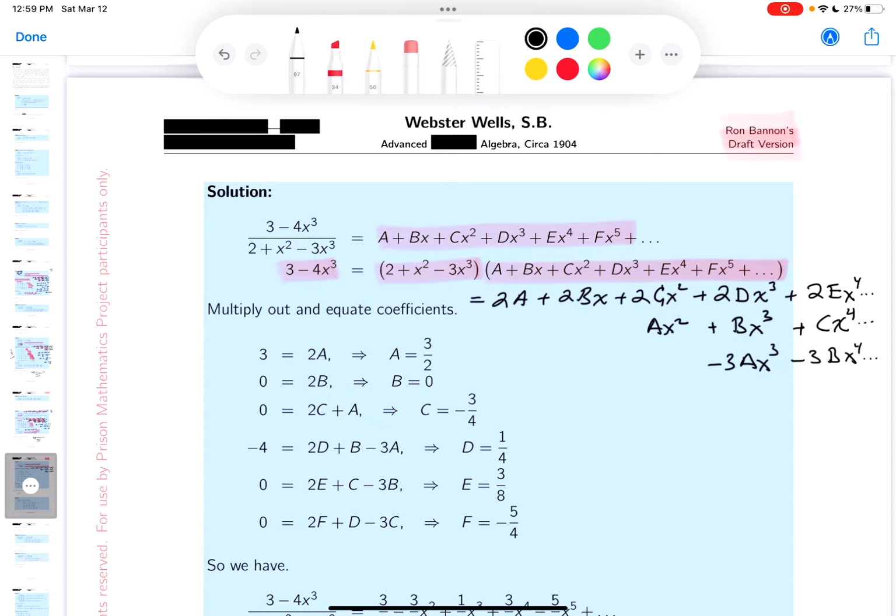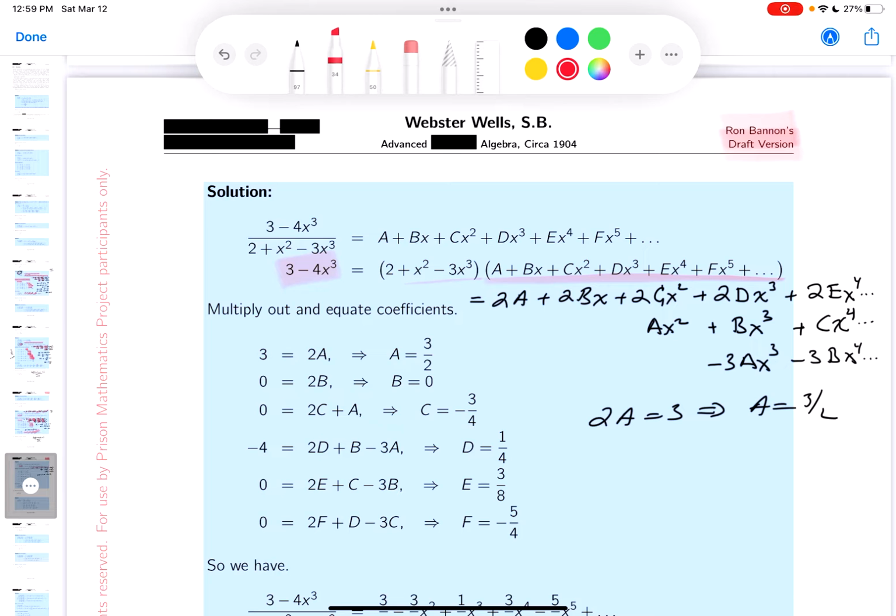So I'm going to equate coefficients. Let me get my eraser out. And I'm going to equate coefficients. So 2a has to be equal to 3. Well, I think that's pretty obvious that a is going to be 3 halves.